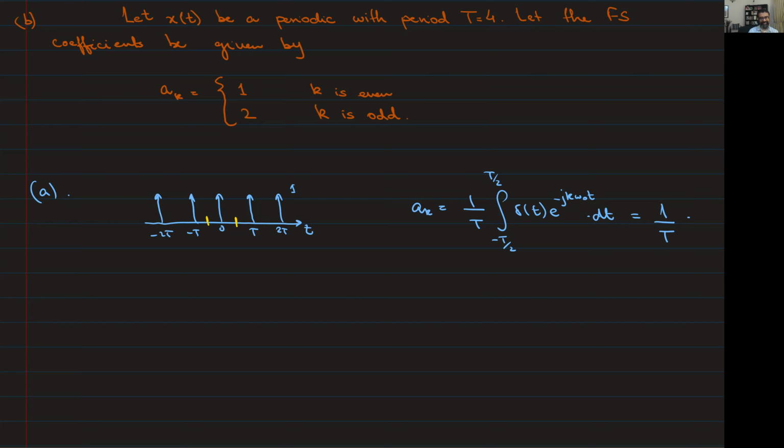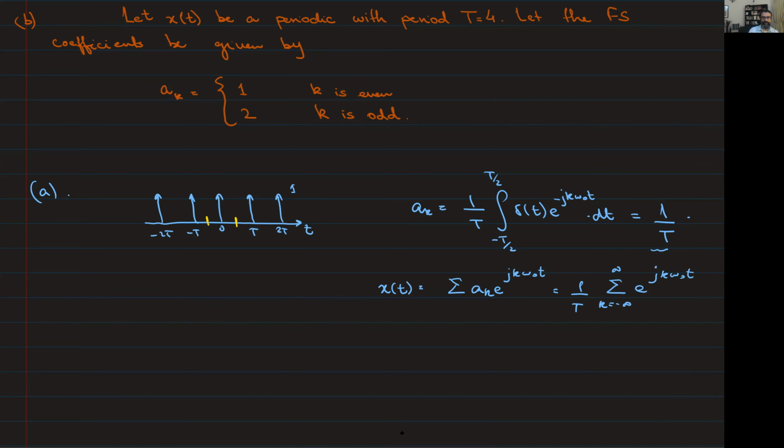If you just use the synthesis equation, you're going to get an infinite sum, and that doesn't actually converge. If a_k equals 1 upon T, then x of t is equal to the summation of a_k e raised to power j k omega naught t, which is 1 upon T times the summation from k equals minus infinity to plus infinity of e raised to power j k omega naught t.